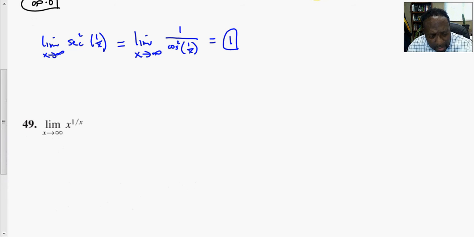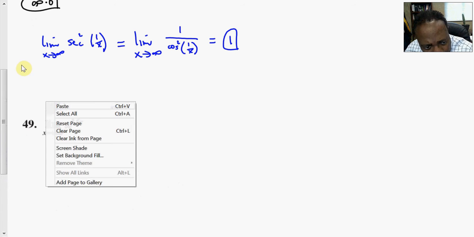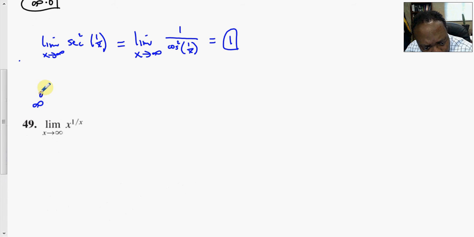Let's check this. This is the limit as x goes to infinity of x to the 1 over x. So this is in the infinite term here raised to 1 over infinity. So this is infinity raised to 0, an indeterminate form, right?